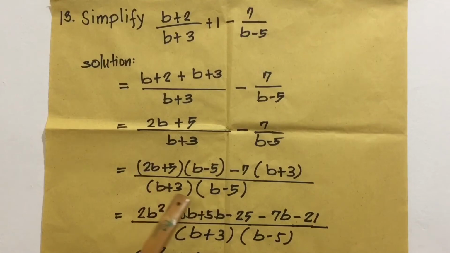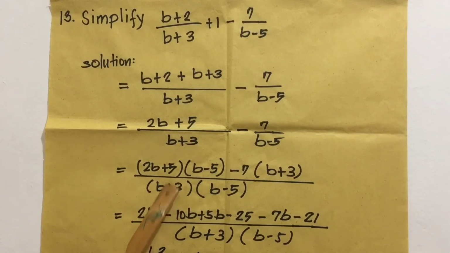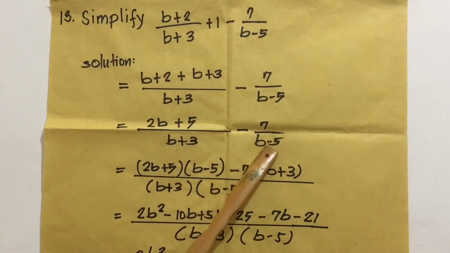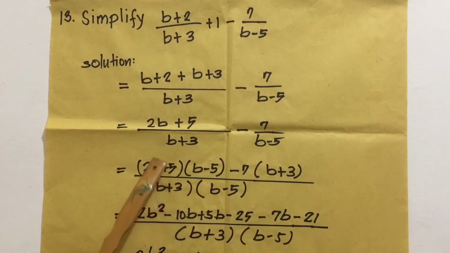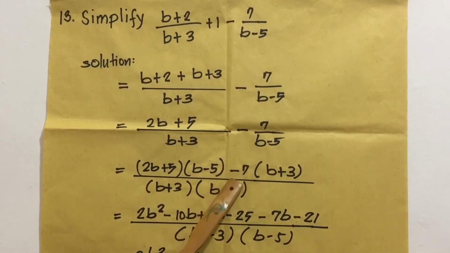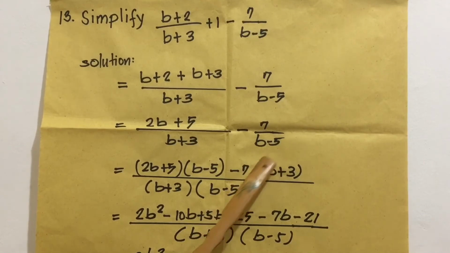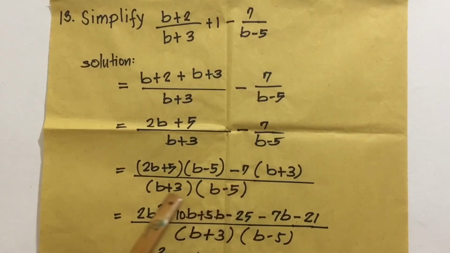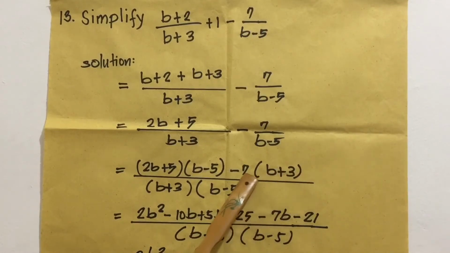The b plus 3 is cancelled, so the remaining is b negative 5. So then multiply here in numerator, we have 2b plus 5 times b negative 5. Then minus 7, the numerator, and b negative 5 cancelled, and the remaining is b plus 3. So b plus 3 multiplied by negative 7.